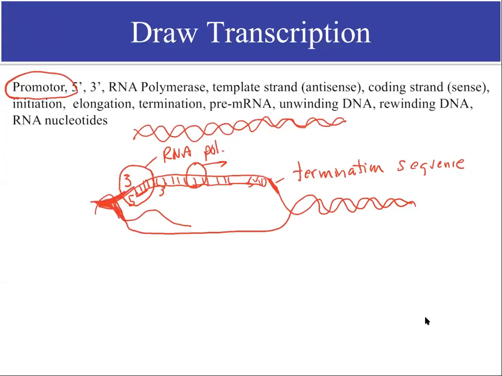The promoter is the very beginning part of the gene that needs to get copied. So think of the promoter as the start spot for the RNA polymerase.